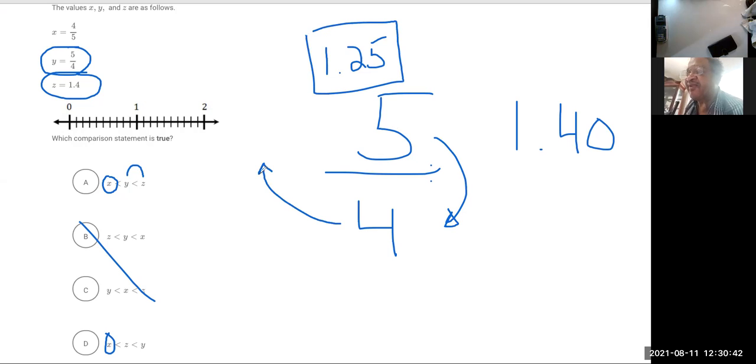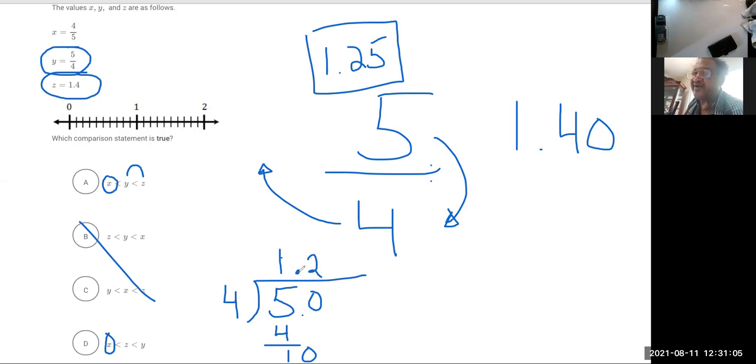If we can't, we got to kick that number out and do something real quick by hand. 4 divided into 5. 4 goes into 5 one time. 1 times 4 is 4. With a remainder of 1, we bring down that 0. 4 goes into 10 2 times.